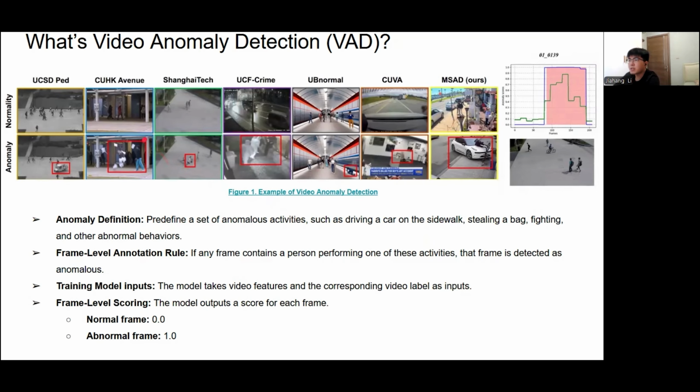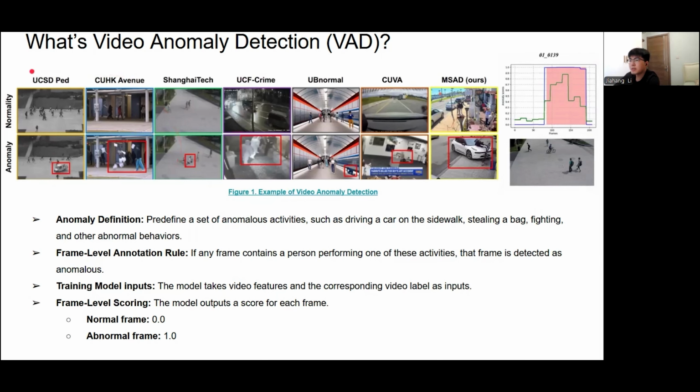Video anomaly detection, or VAD, is about automatically finding unusual or abnormal events in video surveillance data. It plays a key role in improving safety and security for modern industries and smart cities.